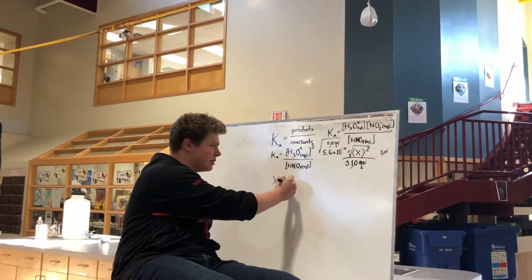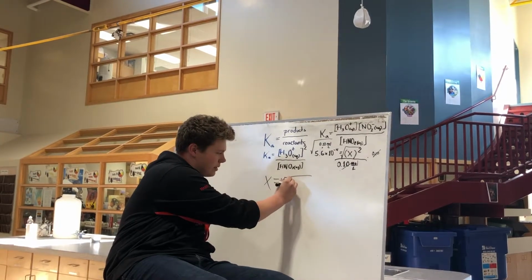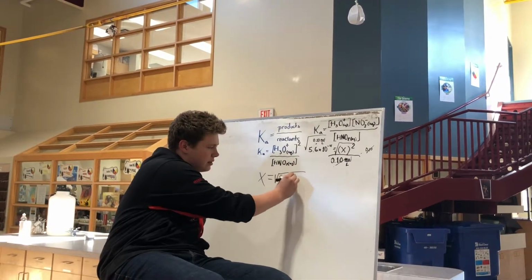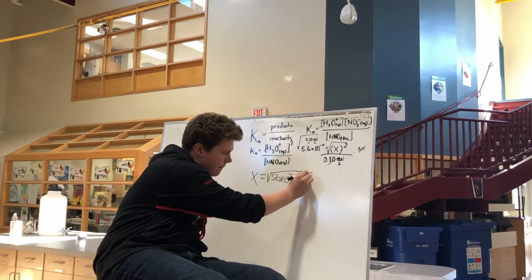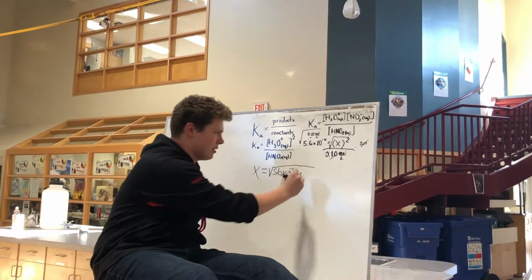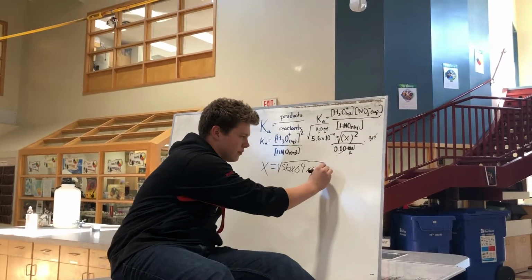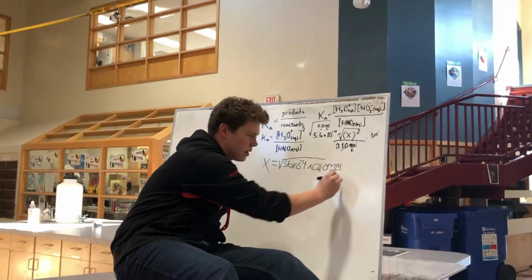So that just equals the square root of 5.6 times 10 to the negative 4 times the concentration, 0.1 moles per liter.